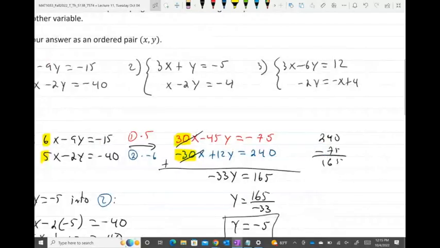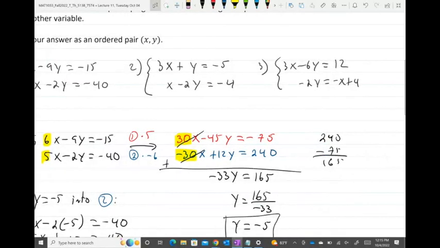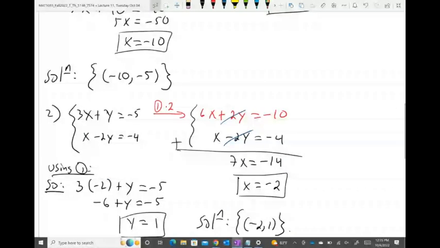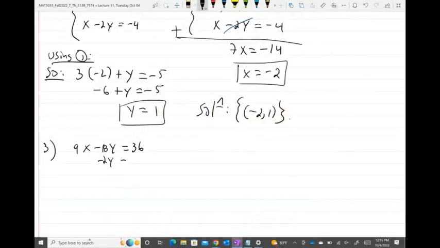That's all. And then negative 2y equals negative x plus 1. Okay, so do this one. I mean, this is the same thing.